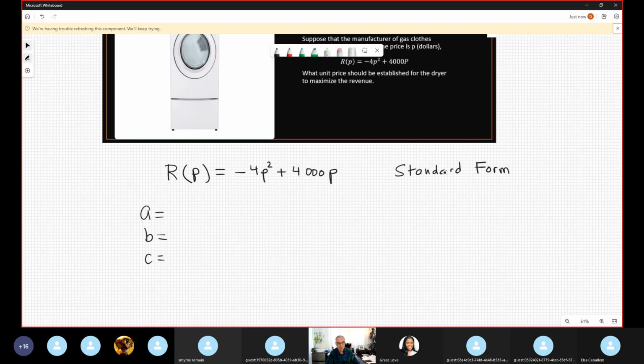Sometimes in a word problem, one parameter is missing, depending on the situation, no? Who is A, who is B, who is C? Help me. Minus 4 is A. And B? It's 4,000. And C? We don't have C. Therefore, it's 0. It's missing.